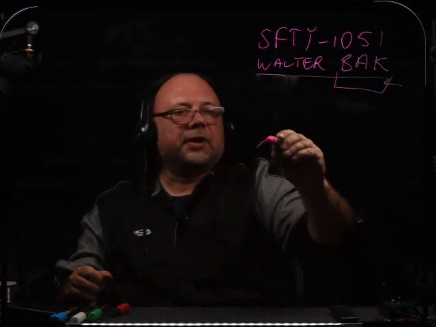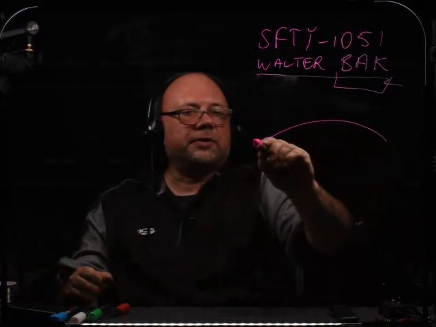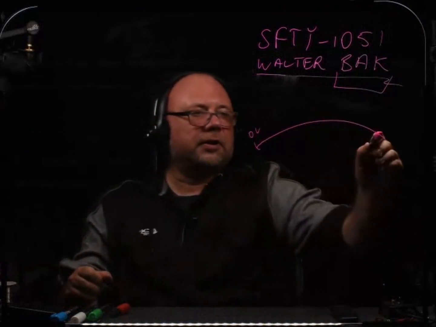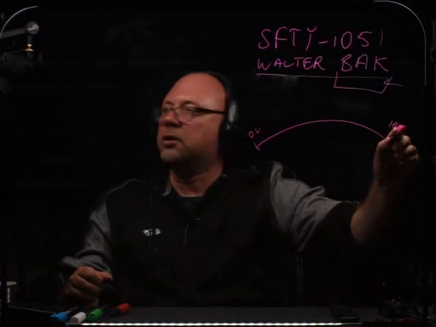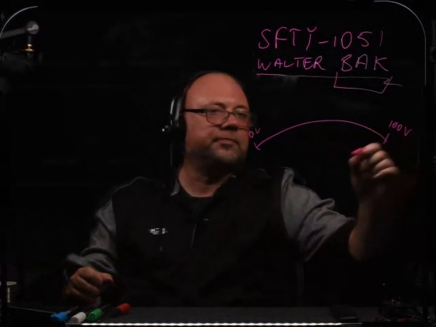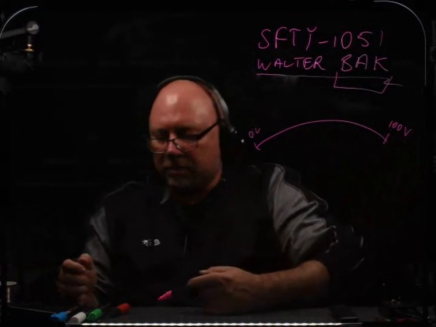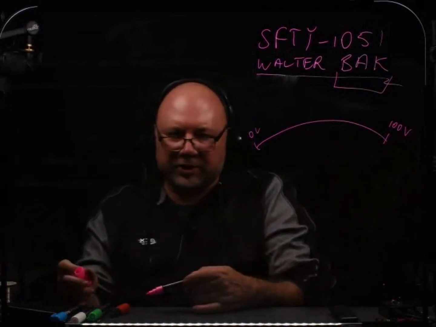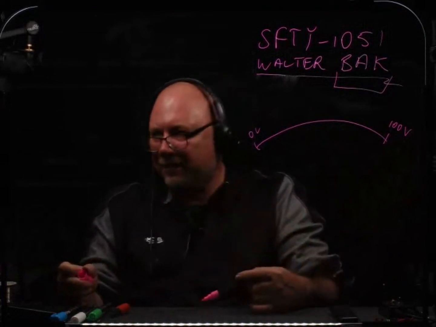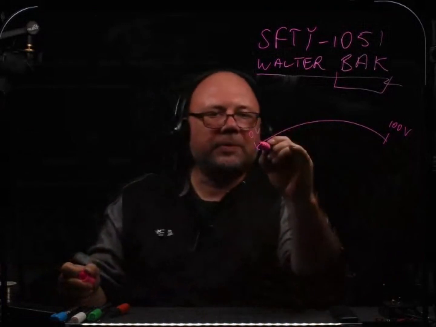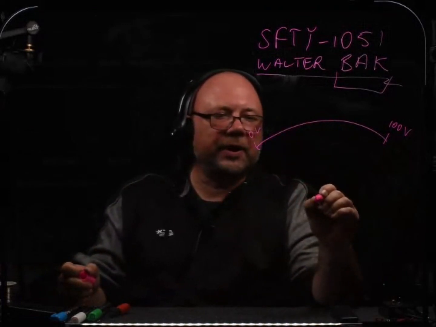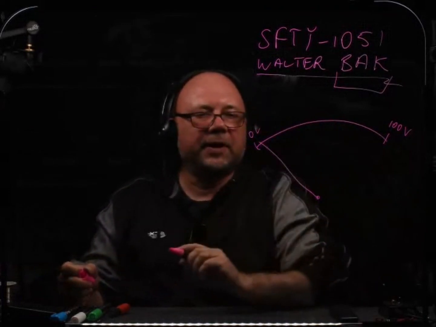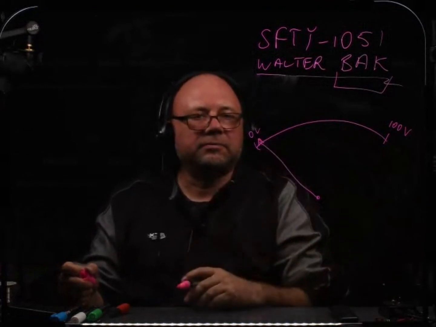Say here's a scale. You're measuring voltage. Here's 0 volts, and let's say here is 100 volts. If you are going to measure a voltage that is like 3 volts, it's going to show up somewhere here. The needle is going to bend just a tiny little bit over here, somewhere there.